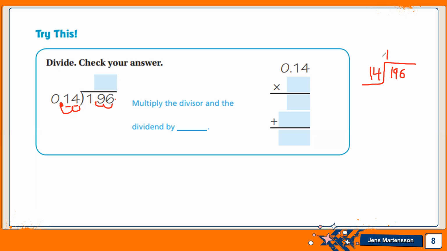It's 1. 1 times 14. 1 times 4 is 4. 1 times 1 is 1. Then 9 minus 4 is 5. And then 0. Then next we have to put 6. Then 56 divided by 14.